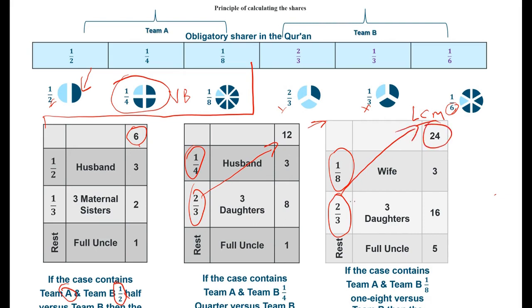Either 8 times 3, which is 24, or 8 and 6 will have an LCM. 6 divided by 2 equals 3. 3 times 8 equals 24. Or 8 divided by 2 equals 4. 4 times 6 will be 24 as well. So this is another way of calculating.